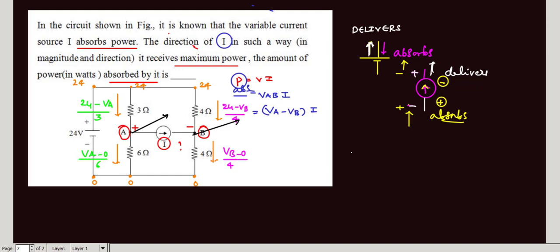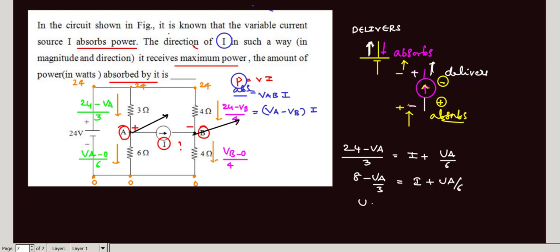At node A, 24 minus VA by 3 is entering, the current source I is leaving, and VA by 6 is leaving. So 8 minus VA by 3 equals I plus VA by 6.